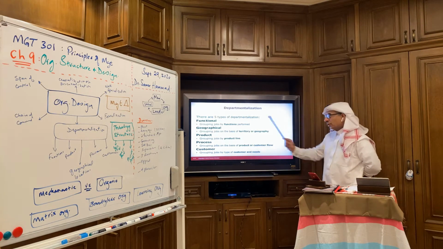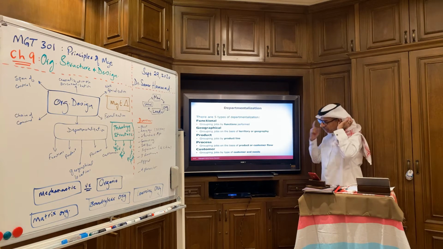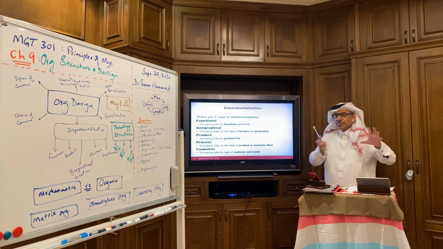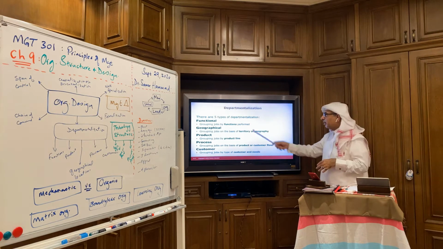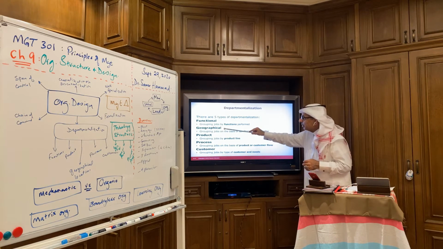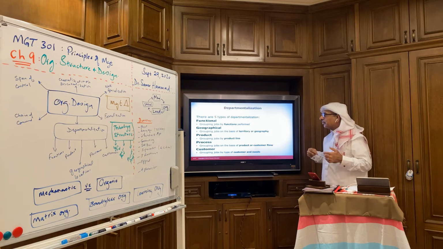Each function, one group. If they are electric, if they are medical, if they are supermarkets, if they are food, if they are apparel, that is function. Departmentalization could be functional and/or geographical.